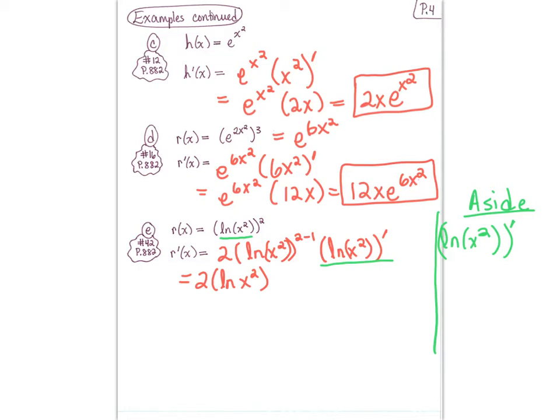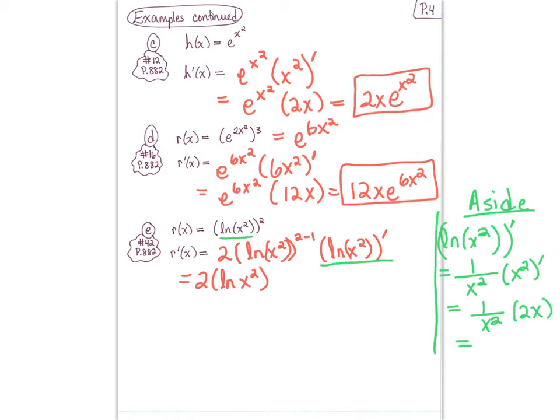So now using that, this is going to be equal to 1 over x squared times the derivative of x squared. That's equal to 1 over x squared times 2x.